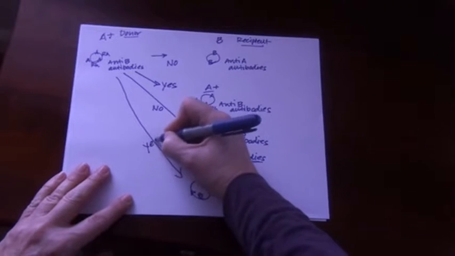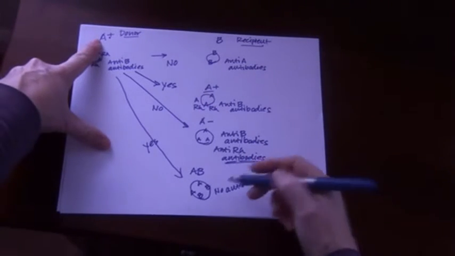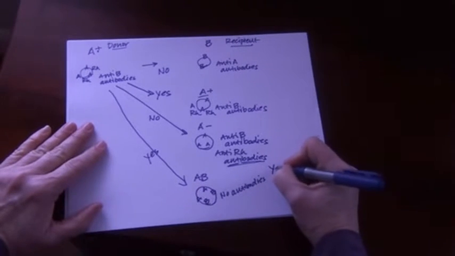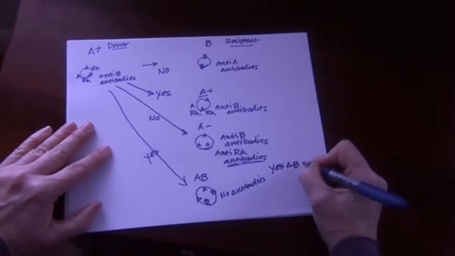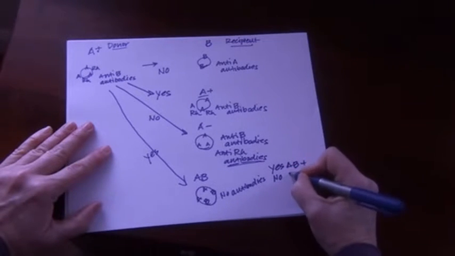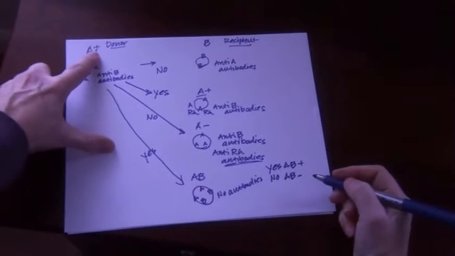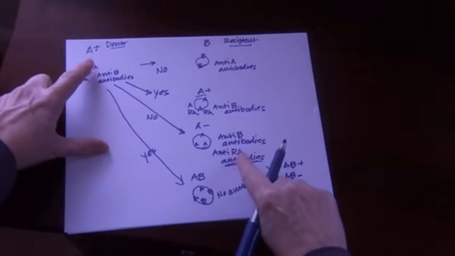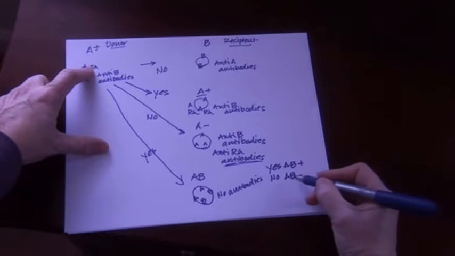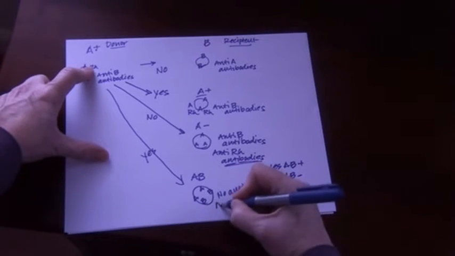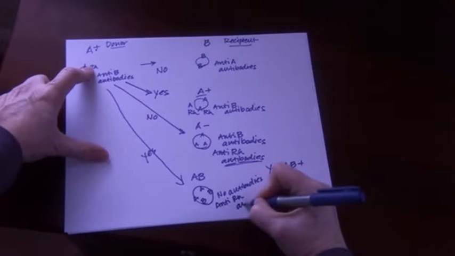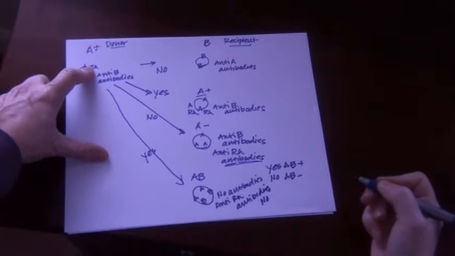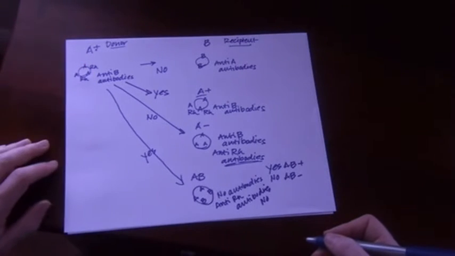So this is a yes. Okay, A blood can donate to AB blood, and specifically it's a yes for AB positive. It's a no for AB negative. Positive blood cannot donate to negative blood for this reason up here. We talked about it here. AB negative blood would have anti-Rh antibodies present, and that would make it a no, against this antigen here.